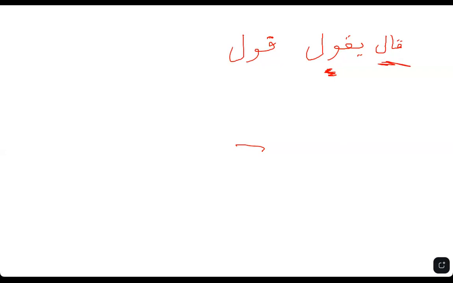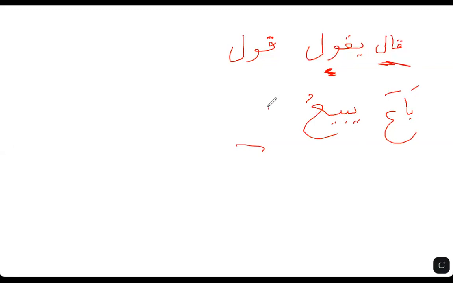And then you have another example of al-ajwaf al-ya'i. So for example, ba'a, he sold. What's the mudari' of ba'a? Ba'a yabi'u. So the alif in the fi'l madi turned into a ya in the fi'l mudari', yabi'u.